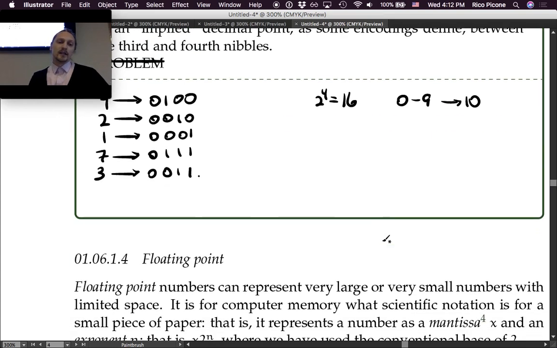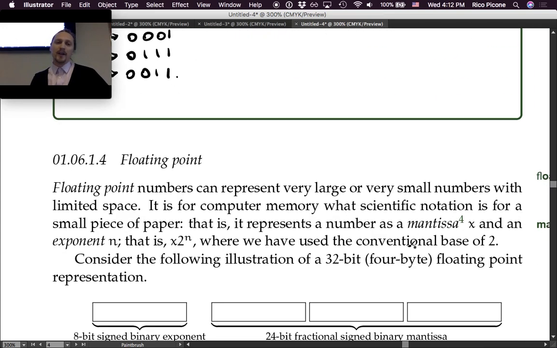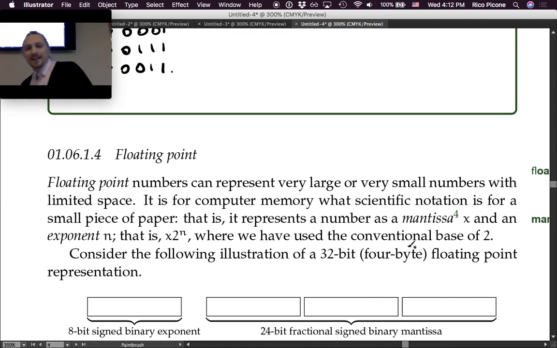Okay. Which brings us to floating point numbers. They can represent very large or very small numbers with limited space. Great, that's exactly what we wanted. It is for computer memory what scientific notation is for a small piece of paper.